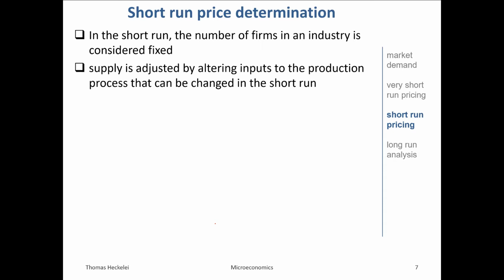So in the short run, from one day to the other or from one week to the other, it's hard for other people, for example, to enter the market just because that week is especially hot and people feel like drinking more sugarcane juice. That hardly happens. And because of that, no firms enter the market in the short run.